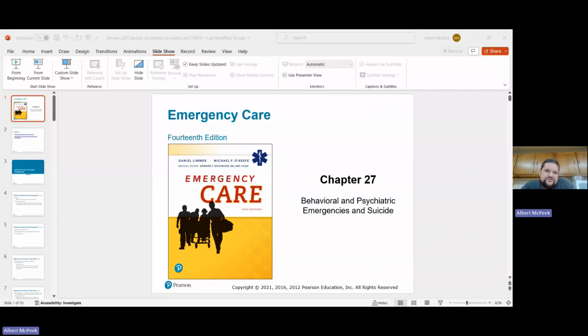Assessment of altered mental status should rule out physical causes first. Psychiatric and behavioral emergencies can present differently depending upon the disorder. There are best practices EMTs can employ in approaching, assessing, and treating such patients. Always follow your local protocols.